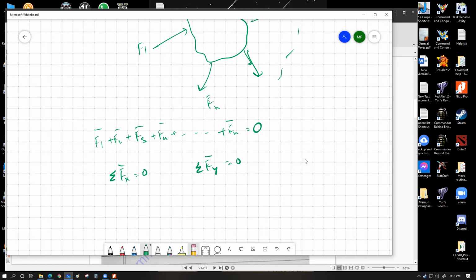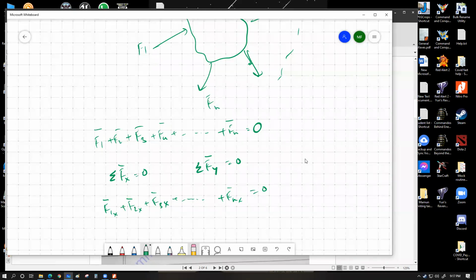This goes on to mean that F1x plus F2x plus F3x plus dot, dot, dot, plus Fnx, so all the horizontal components should add up to 0. And similarly, all the vertical components should add up to 0.